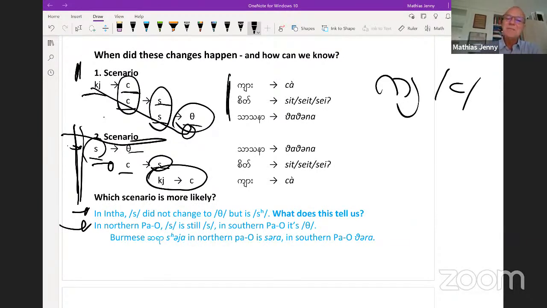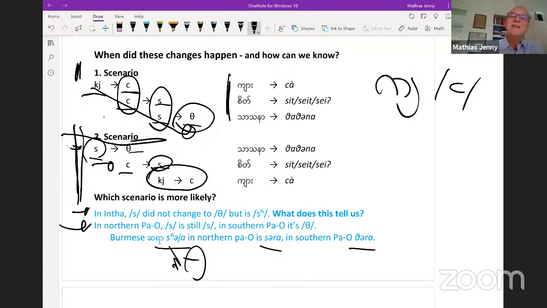So this means this change from sa to tha is not really completed yet. It's still happening. And you can see from Burmese loanwords in northern Pa'o, Burmese saya is saya. But in southern Pa'o, they pronounce it as thaya. So even the new sa became tha in southern Pa'o.